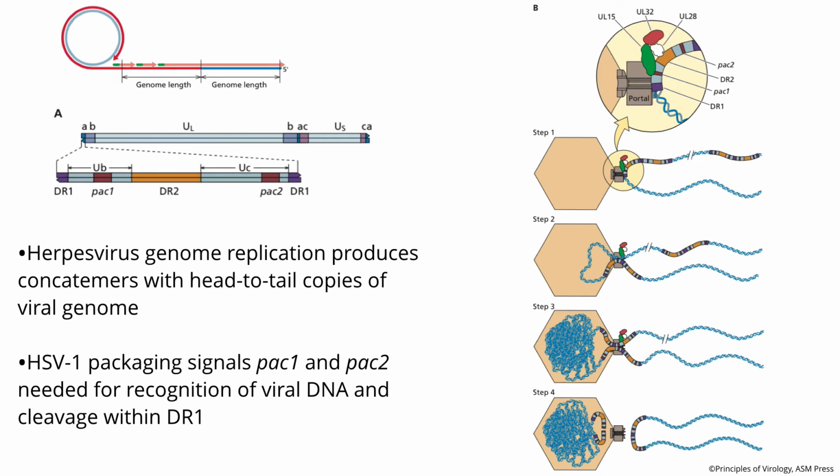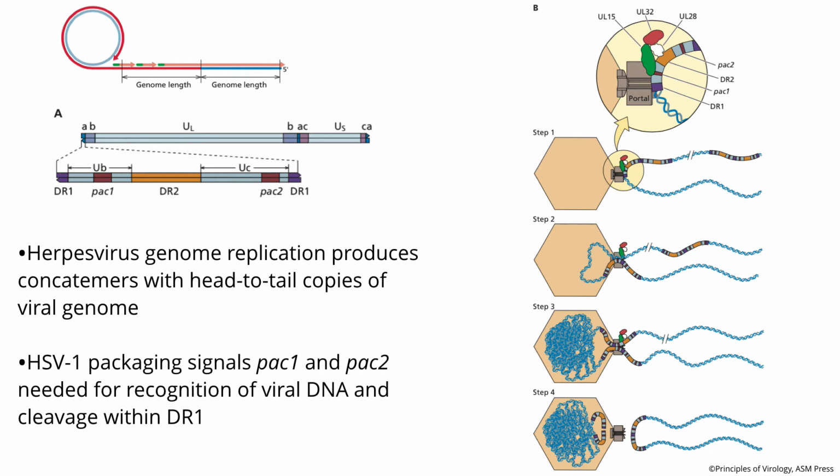Let's look at the upper right here, right at the portal. So remember, there's one portal on a herpes virus particle. It's the way DNA gets out when the virus infects a cell, and when you're making new particles, it's how you put the genome into that preformed capsid. Remember, we've made the capsid with a scaffold. The packaging signals composed of DRs and PACs bind the portal together with a variety of cellular proteins.